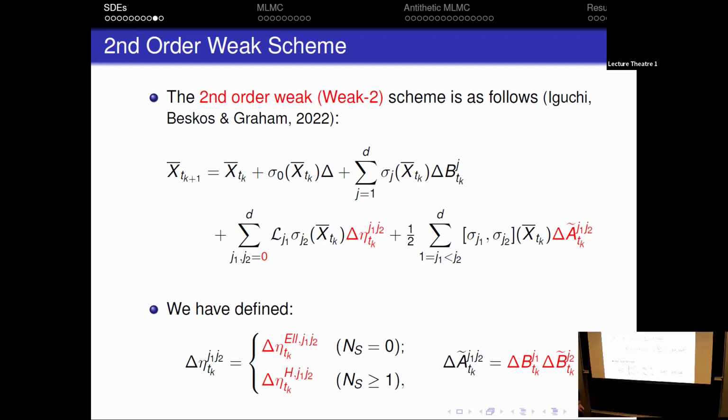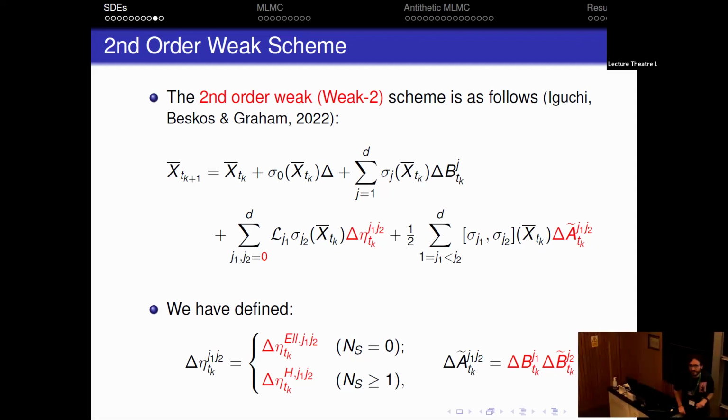Something I should mention is that behind this term there is a second independent Brownian motion involved in these calculations. The whole idea is to make an effort so that the weak scheme has a higher order of convergence. This discretization scheme has a higher order of convergence in a weak sense.